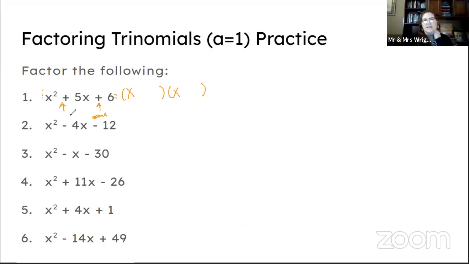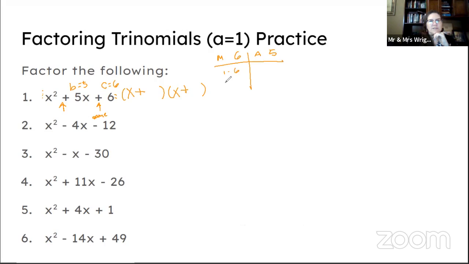And my plus sign here tells me that they're both going to be plus. So now I need to find, what am I going to multiply to and what am I going to add to? Well, I'm going to multiply to whatever c is. C is 6 and b is 5. So I want to multiply to 6 and add to 5.